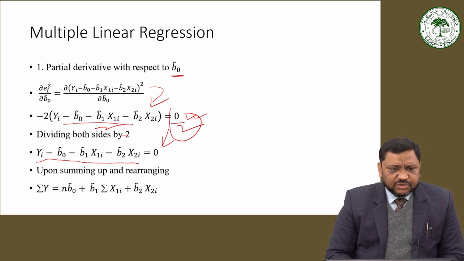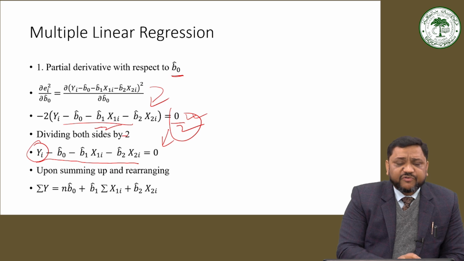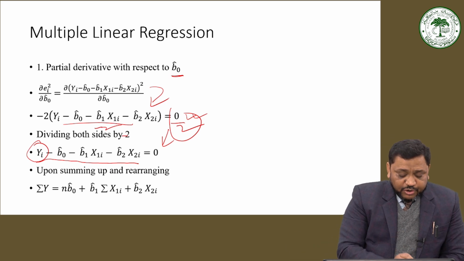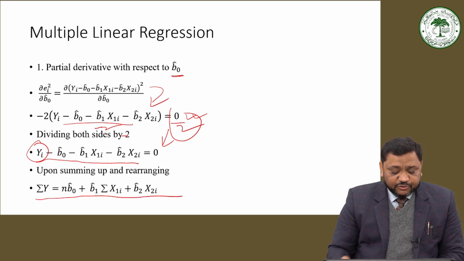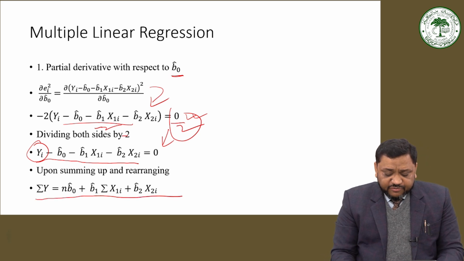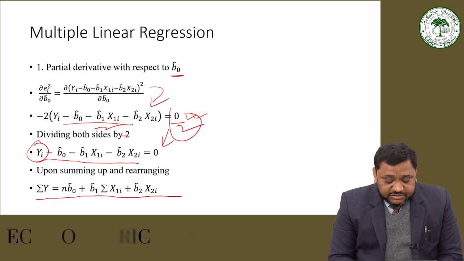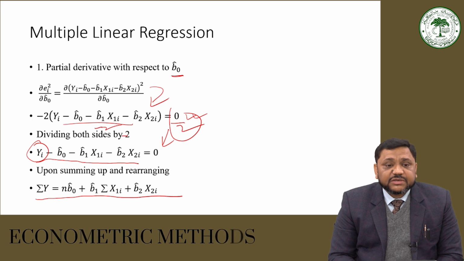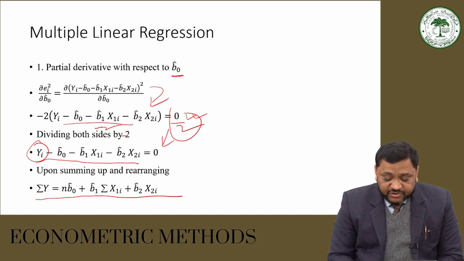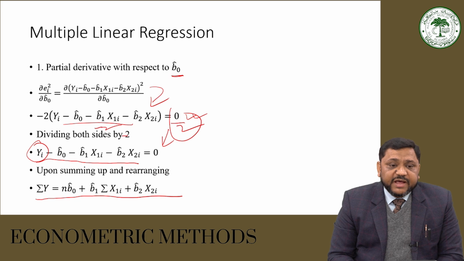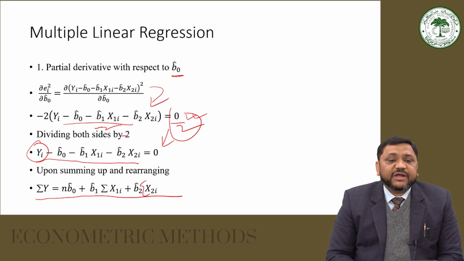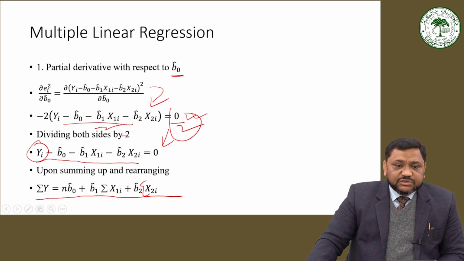We do a rearranging. We take all the terms except yi to the right hand side, and we also do the summation. Upon doing this, we get summation y is equal to, since beta naught is a constant, n b0 hat plus b1 hat summation x1i plus b2 hat summation x2i.